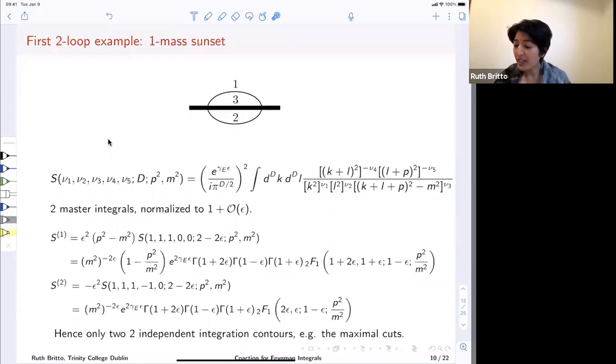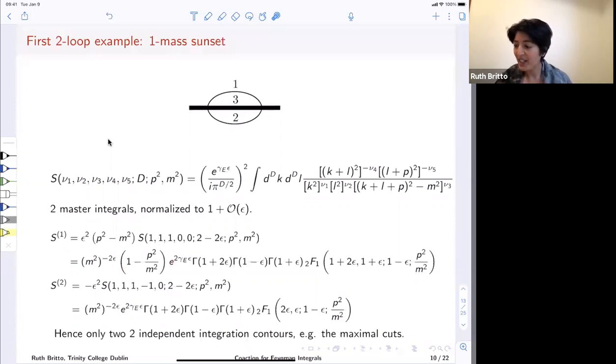They are both in 2 minus 2 epsilon dimensions for purity. Here's a factor from the dimensionality from dim reg. Right, so this is a rational factor such that the rest of the expression is pure.